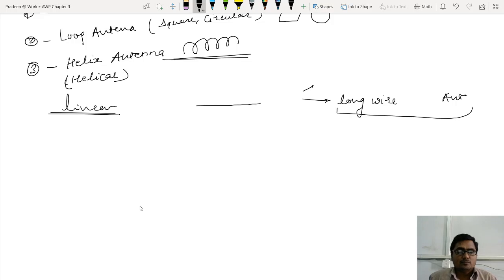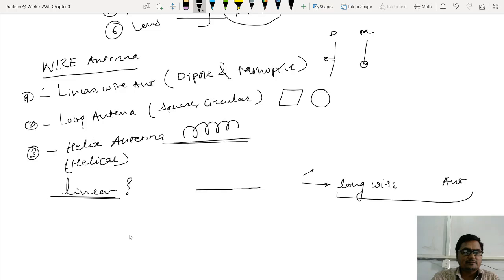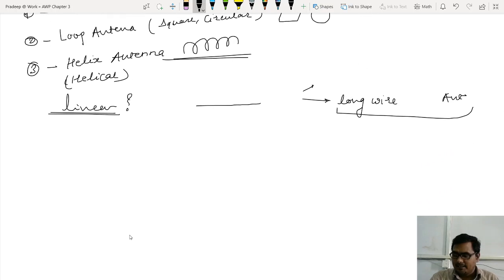Now what do you mean by linear again? See, I had a discussion about the long wire antenna. Take a wire, and that single wire will radiate, and receive the signal. That is your long wire. Then what am I talking about with linear? Linear means it should have a return path.